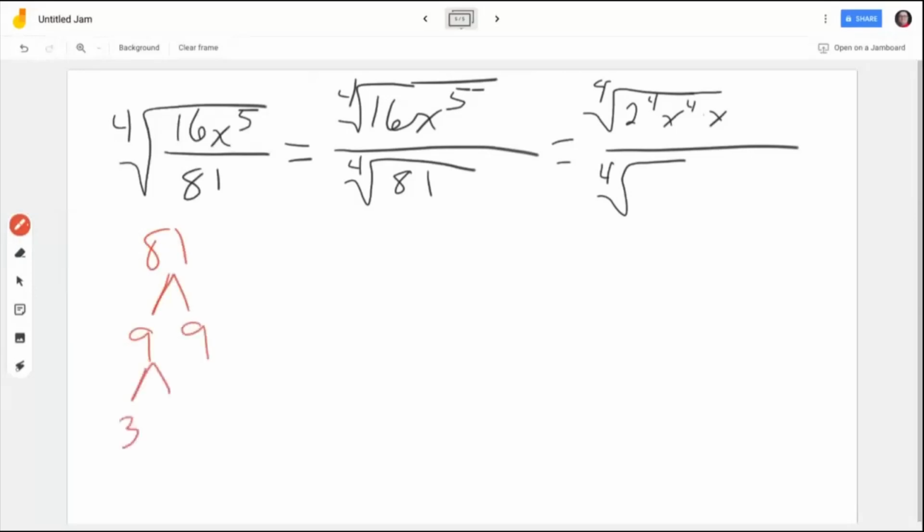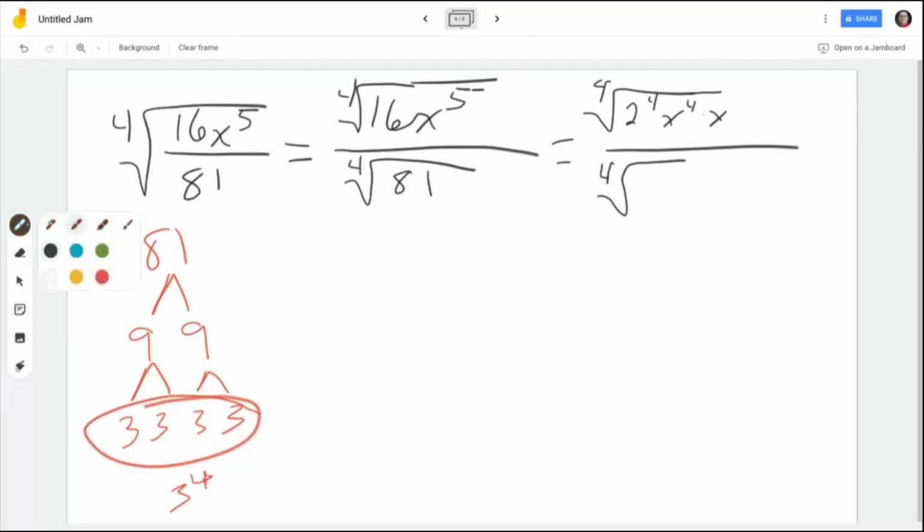We can break up each of these 9s to 3 times 3. And so what you can see is this is 3 to the fourth. Right? There's 4 3s there, 3 to the fourth. And so what we have in that denominator is the fourth root of 3 to the fourth. And so that means this matches this. That means I can evaluate it, and it's just going to be a 3 now.